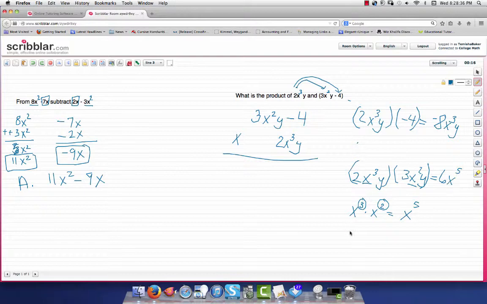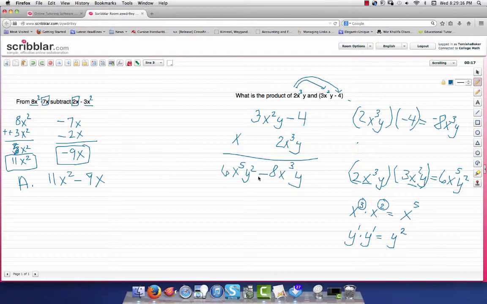And here we have y times y, okay? Now, we keep the variable the same. And what exponent do we have on these? Well, there is none listed, so it's understood to be a 1. So 1 plus 1 is 2, okay? So that would be y squared, okay? So our answer would be 6x to the 5th y squared minus 8x cubed y.